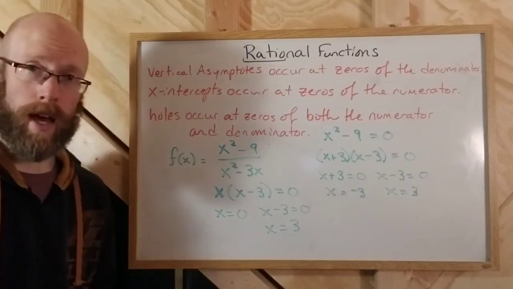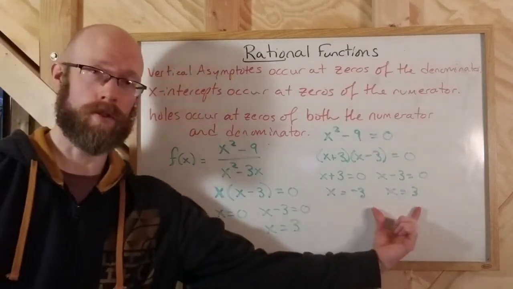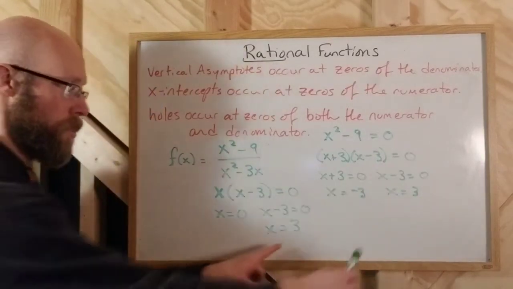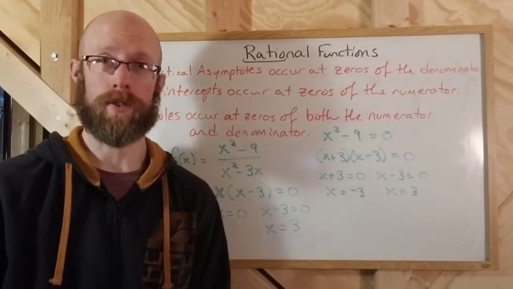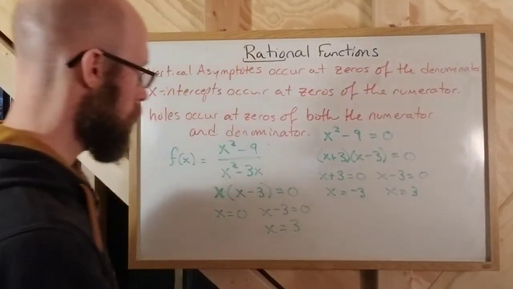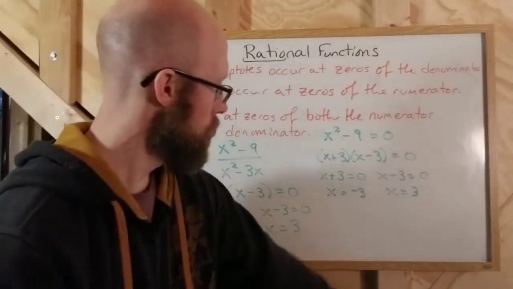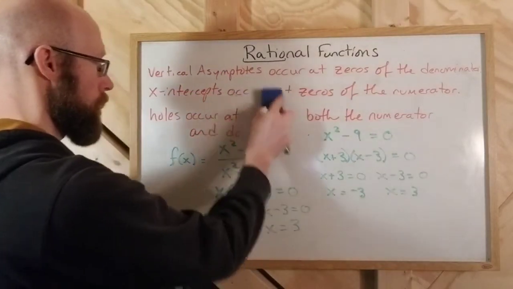Now I have 2 zeros in the denominator, 2 zeros in the numerator, but notice one of those zeros is shared. The number 3 is a zero of both. So in this particular case, we would say that the hole occurs when x is equal to 3.